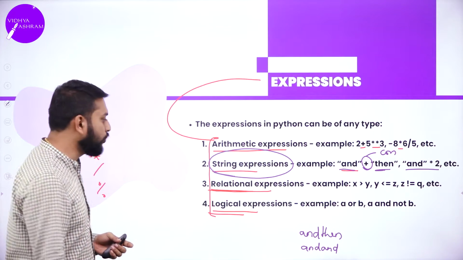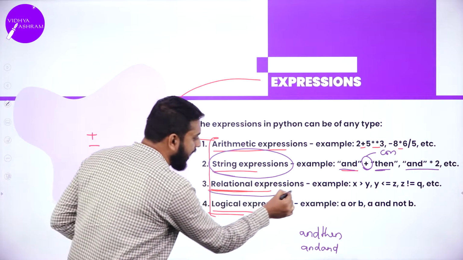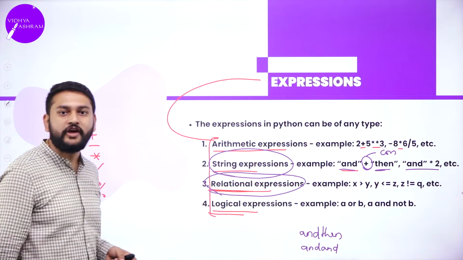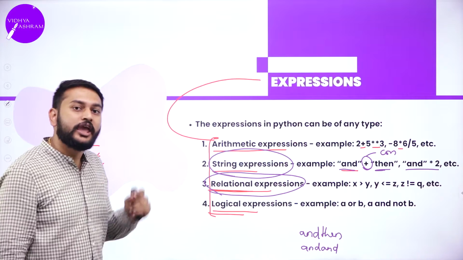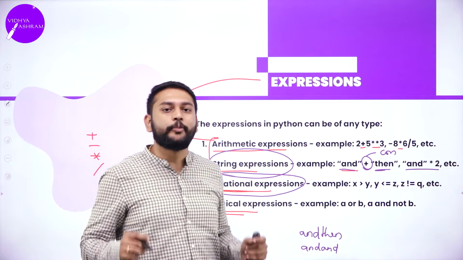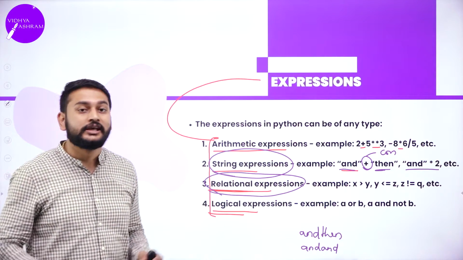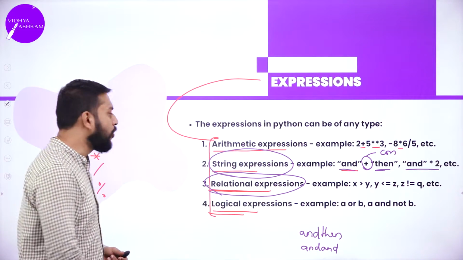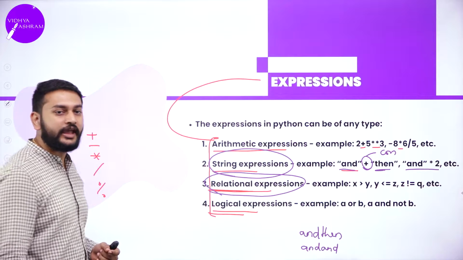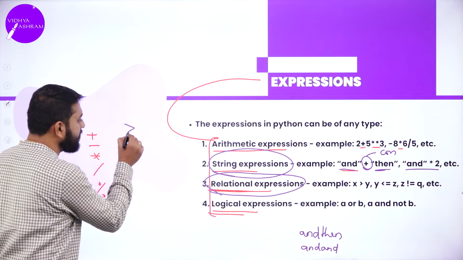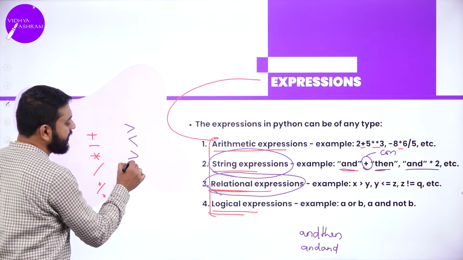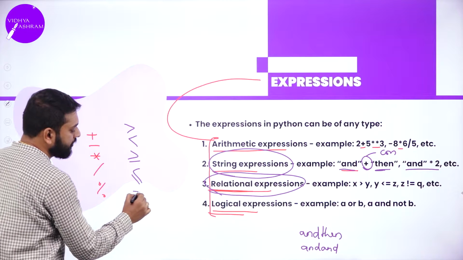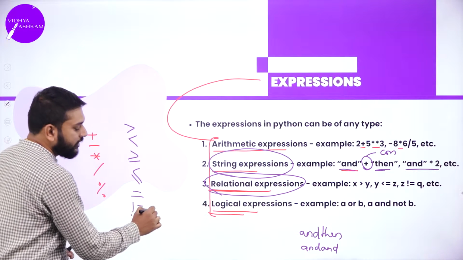So what is the next one that you have? You have relational expression. If you are using the relational operators in any expression, then I will call that a relational expression. Can you recollect what are the relational operators that we have? We have greater than, less than, greater than or equal to, less than or equal to, equal to, and not equal to.